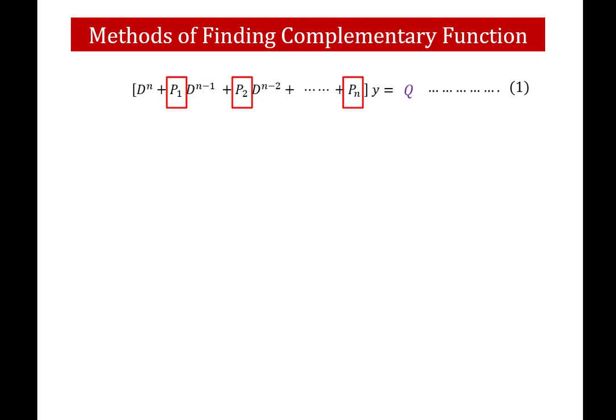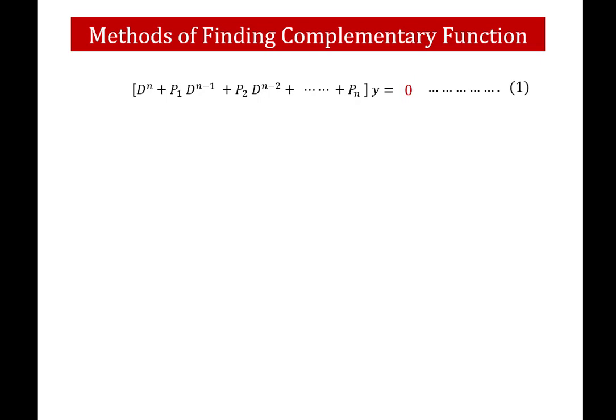Consider the differential equation of the form where P1, P2 up to Pn are arbitrary constants and Q is any function of x or a constant. Now for finding the complementary function, we assume Q as 0 if it is non-zero.